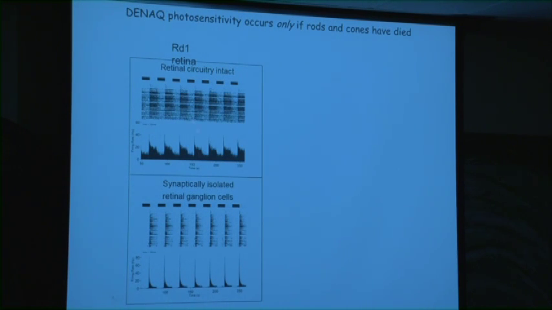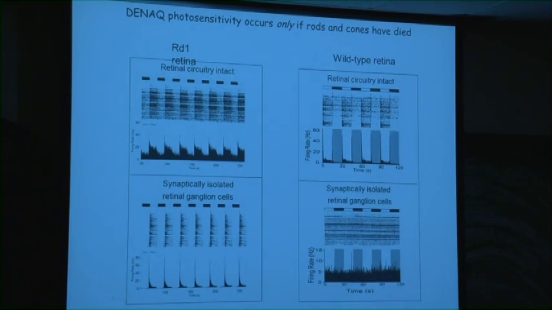So here's a recording from, again, a multi-electrode array, but in this case, we've put on a bunch of neurotransmitter antagonists to block all synaptic inputs to the retinal ganglion cells. And you can see that DNAC in this RD1 retina photosensitizes the ganglion cells themselves, and it does so very powerfully.